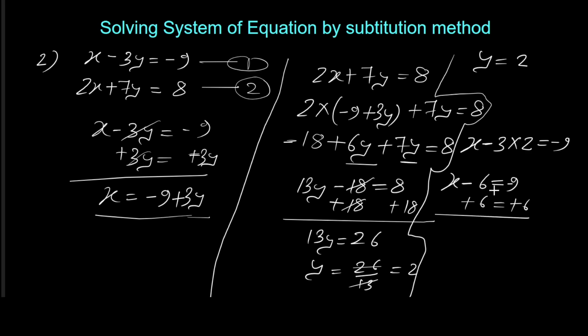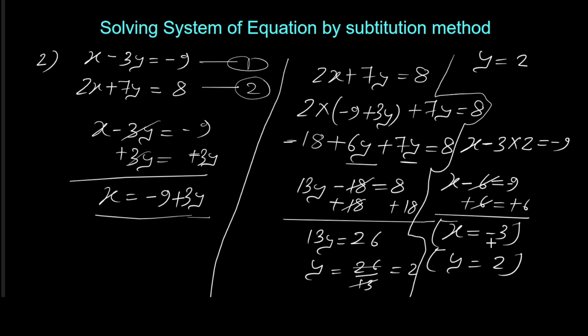The 6 and the 6 cancel out, so x equals negative 9 plus 6, which gives us negative 3. So here we have our solution: x equals negative 3 and y equals 2.